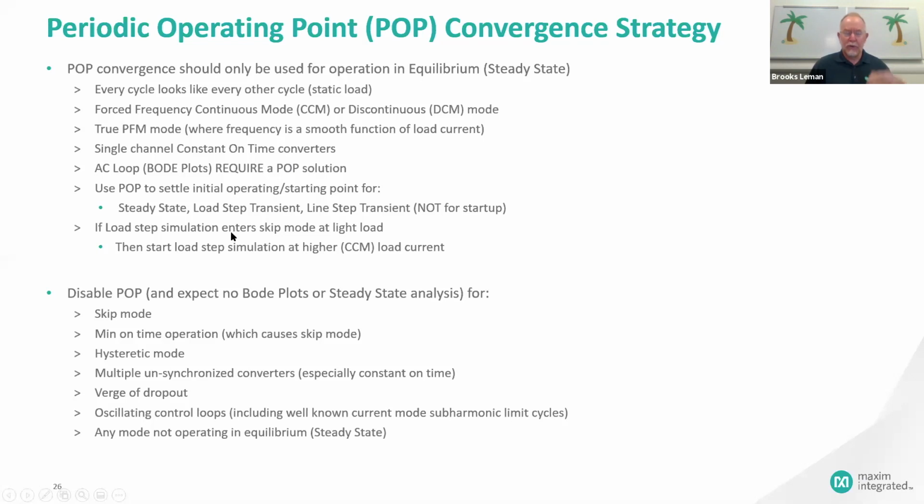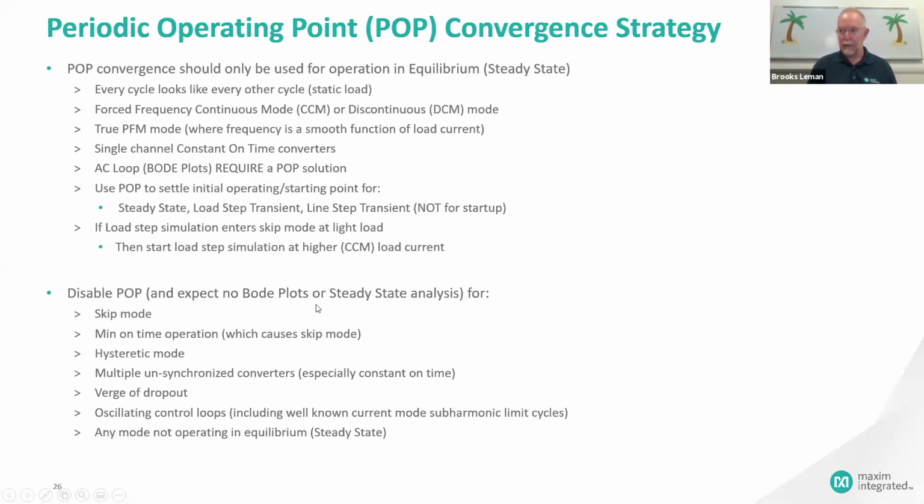And then if you have different modes of operation, for example, stepping from heavy load to light load, where at light load you might actually be in a skip mode situation, you want to start your simulation with heavy load where you have equilibrium so you can get a POP solution. So when would you disable POP and expect no Bode plots or steady state analysis?